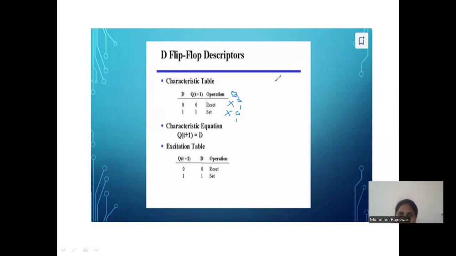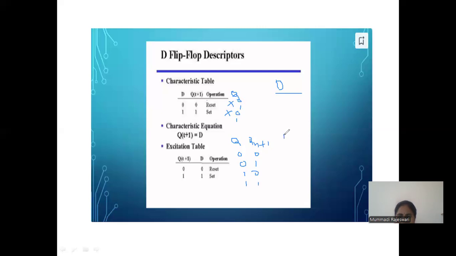Just see what mandatory inputs are required for the calculation of your excitation table. See here. First condition is when Q of n plus 1 is 0. And Q of n, here also we should consider the total excitation table, that is Q and also Q of n plus 1: 0, 0, 0, 1, 1, 0, 1, 1.